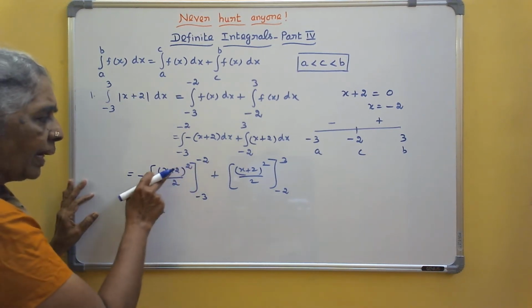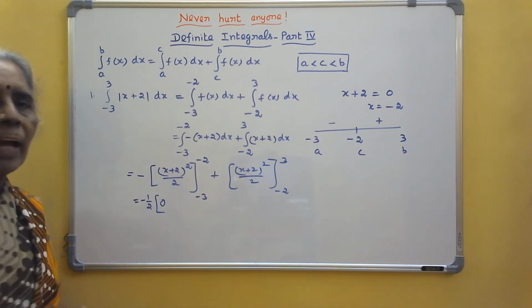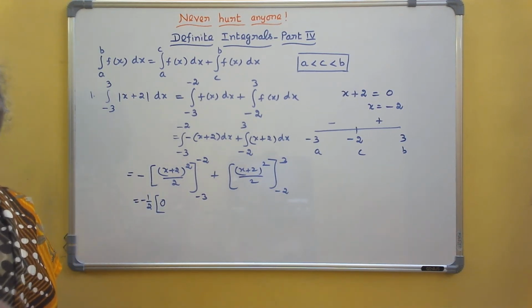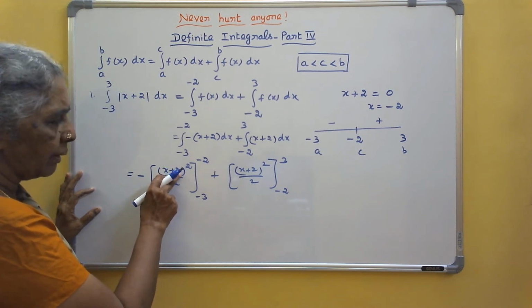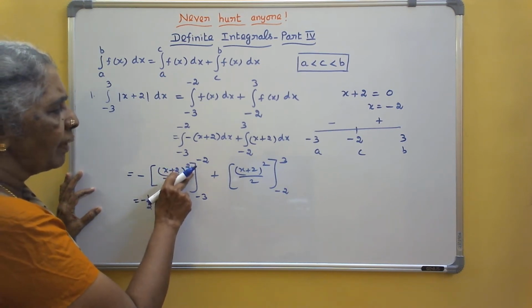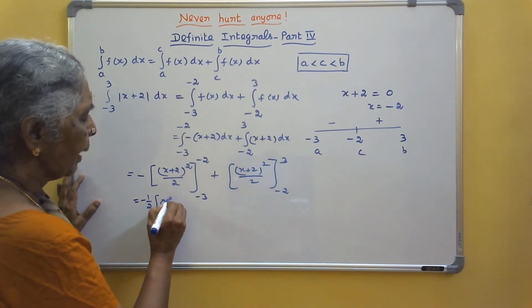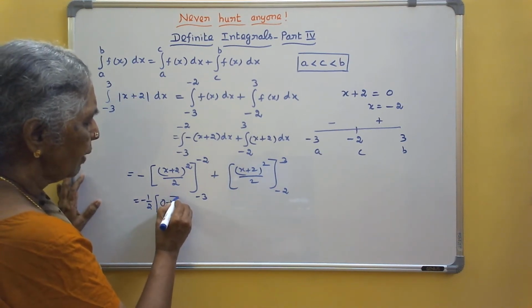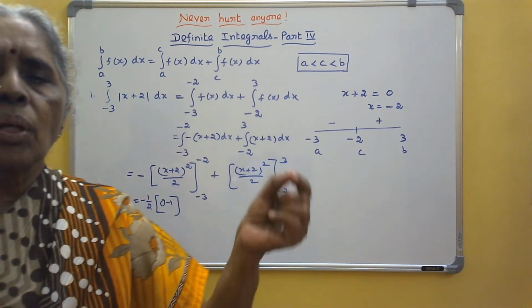Now, see, when I substitute minus 2, this will become 0. So, my upper limit vanishes. Coming to the lower limit, minus 3 plus 2, that will be minus 1. Minus 1 the whole square will be plus 1. So, I will be getting plus 1, but you will have a negation because upper limit minus lower limit.